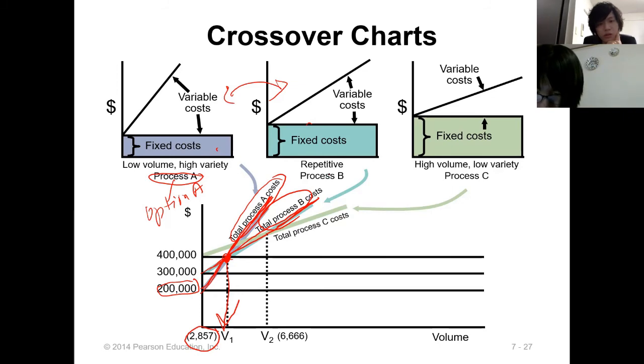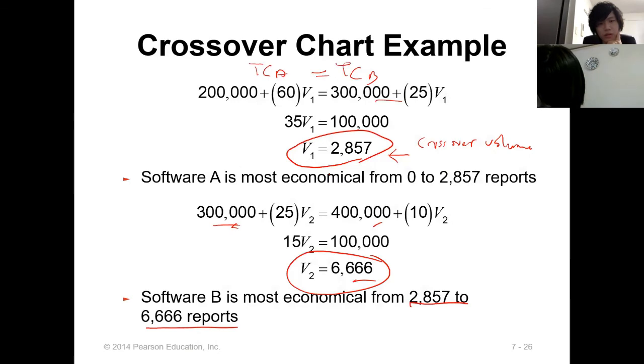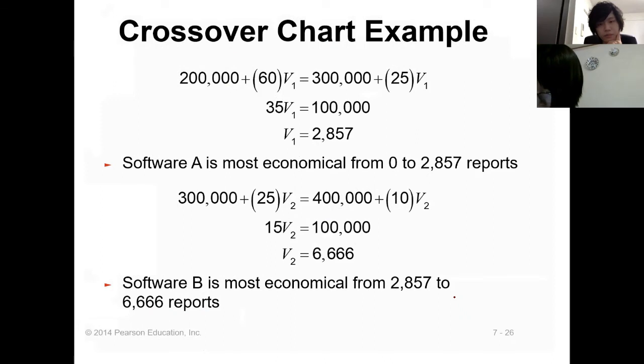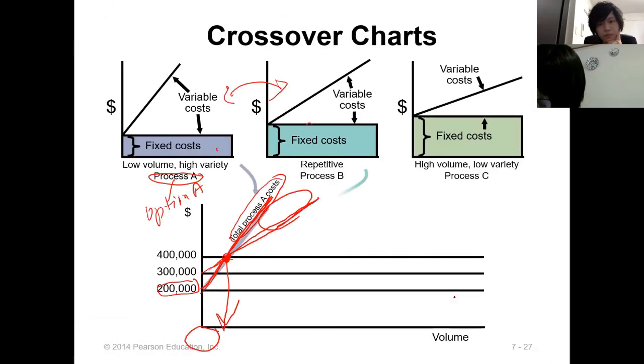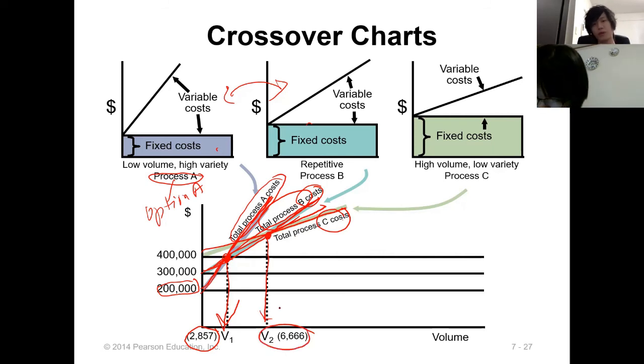Okay. So the other equation, this second equation, is actually trying to get the second point, equating the second line with the third line, which is B and C. The crossover is 6,667.